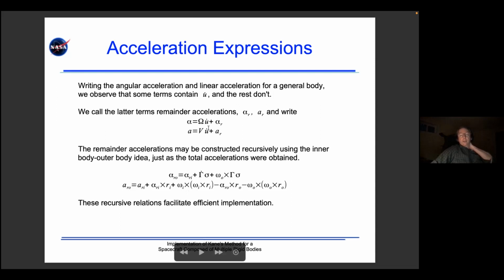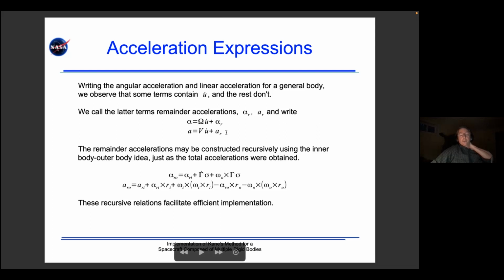So what turns out is that the angular acceleration, if I look at the whole system, is my partial angular velocity matrix times u dot plus some leftover terms. I call those remainder accelerations. And they're just all the terms in these acceleration expressions that don't involve u dot.